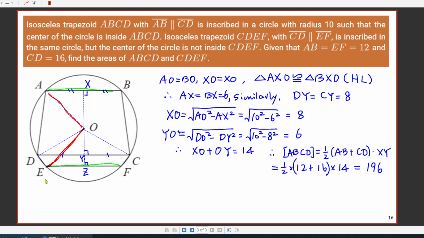AO equals EO like this, AB equals EF like this, and BO is equal to FO.